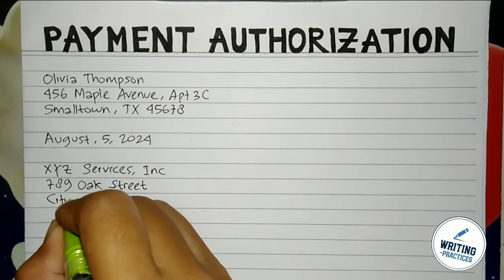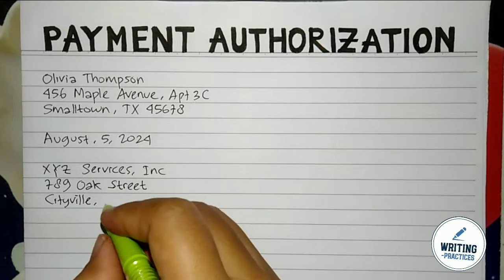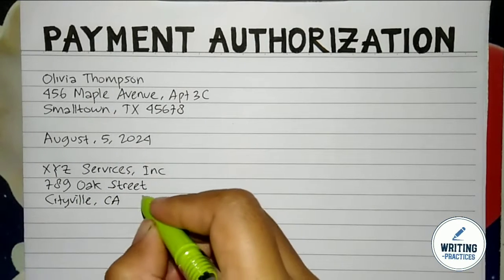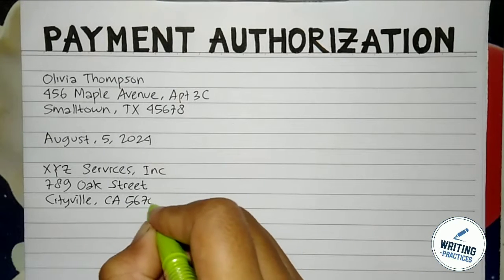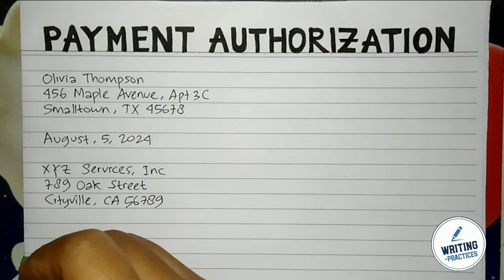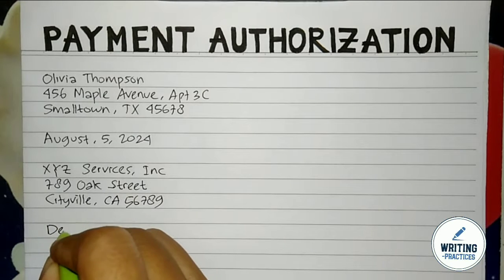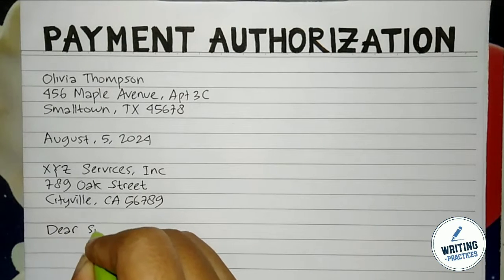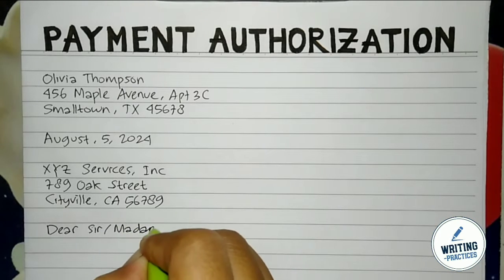In this case, the letter is addressed to XYZ Services, Inc. And you need to write the company's address to direct the letter appropriately. Yes, mention the number, street name, city, state, and zip code. And now, you may open the letter with a formal salutation. You may simply write, "Dear Sir or Madam," since you don't know their name.